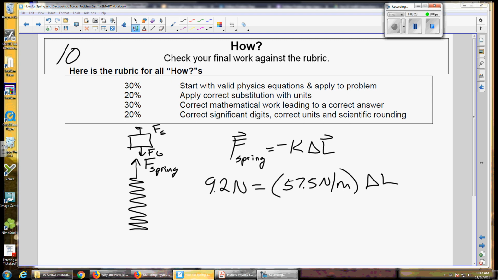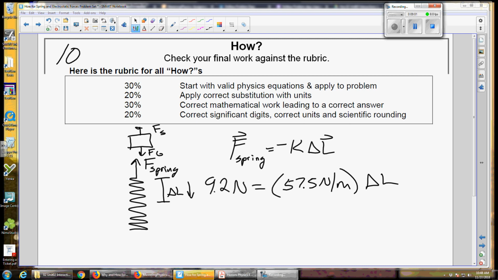Well, the spring changes length in that direction because it compresses. So that change in length, in the way I've drawn it, is negative while that force is positive. That's what that negative sign tells me. If I had a negative here, times the negative would give me a positive, or vice versa. So it all has to do with the direction, not the size of these.